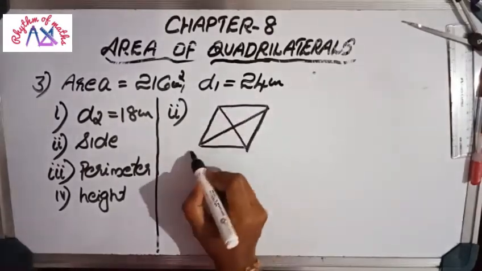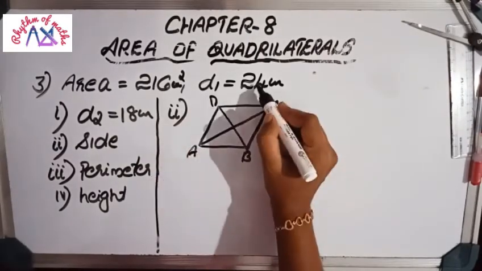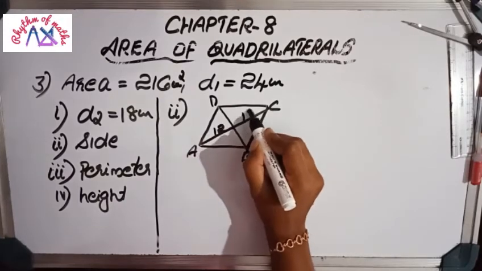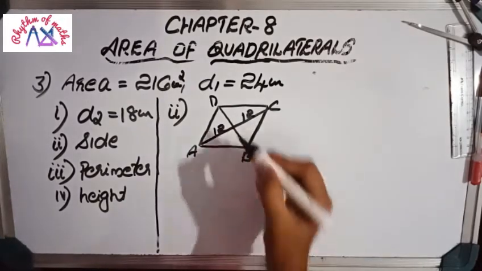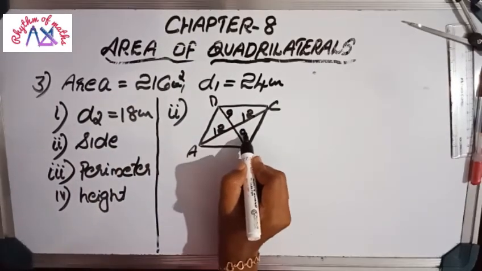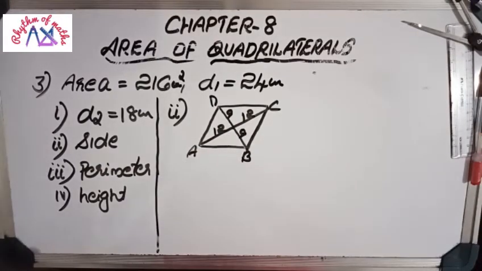AC is 24, divided into two parts, first part 12, second part also 12. Now DB is 18, so this will be 9 and this is also 9. This is how the diagonals bisect each other.